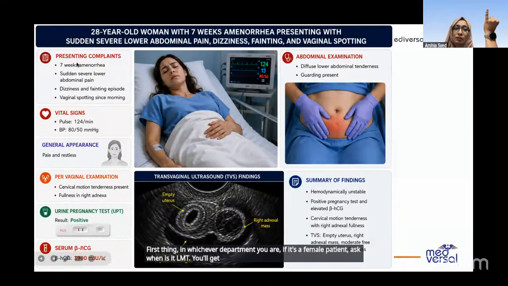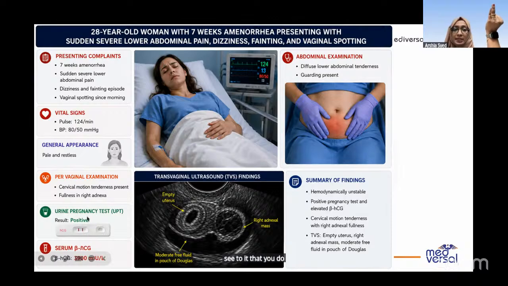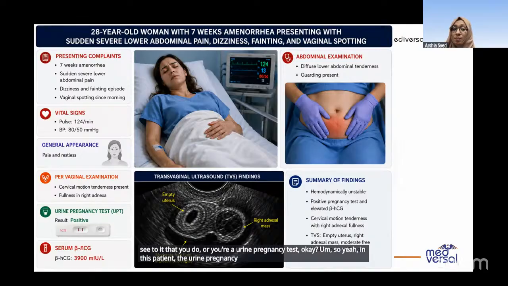You will get the period of amenorrhea. Once you get it, see to it that you do a urine pregnancy test. In this patient, the urine pregnancy test came positive.